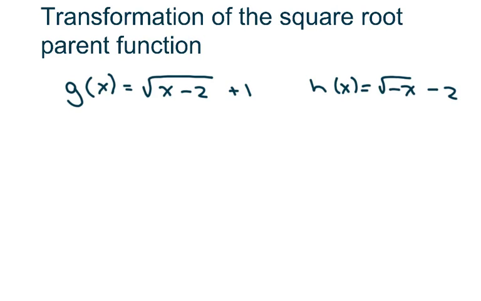Now this would be a horizontal shift right by 2 units and a vertical shift upward by 1 unit.